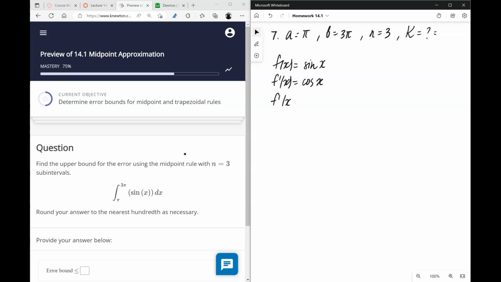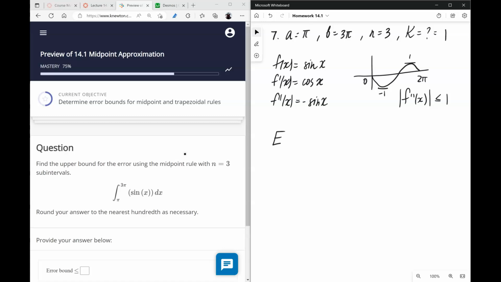The second derivative again is negative sine of x, and last time I checked, negative sine of x on the interval from 0 to 2 pi obtained the minimum at negative 1 and the maximum at 1. So the upper bound for the second derivative is 1.